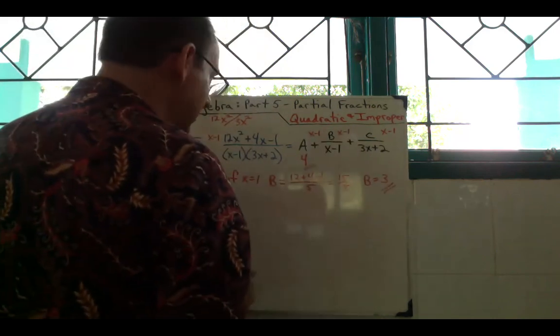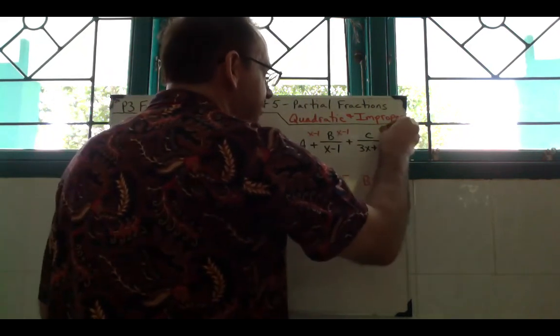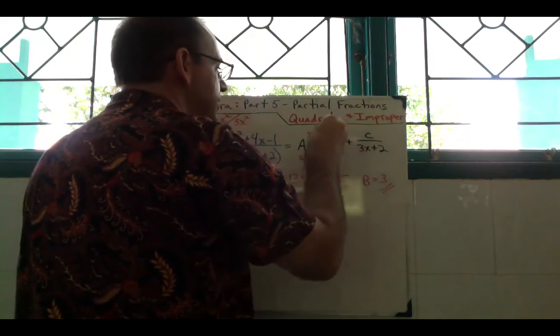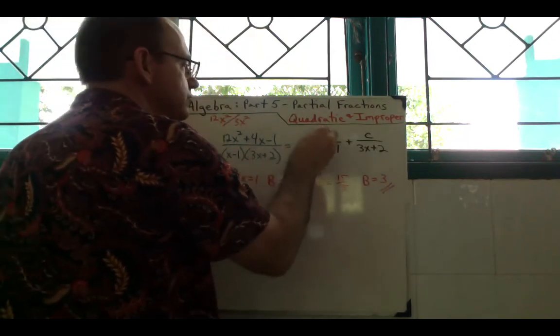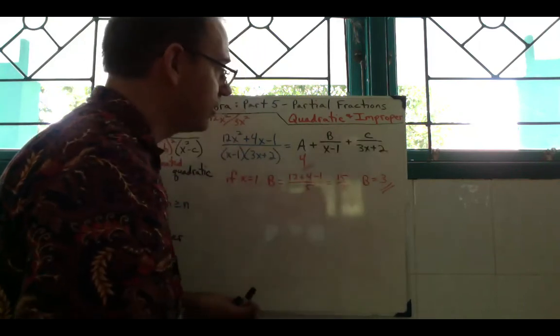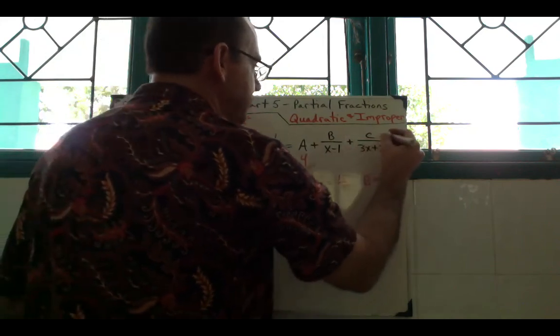Now we need to find c. So to find c, I'm going to get rid of this, and we're going to multiply everything by 3x plus 2.